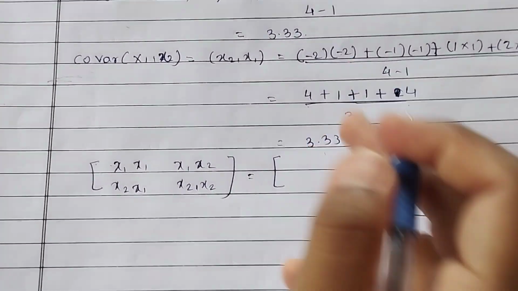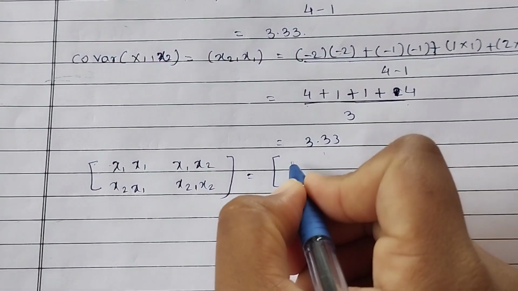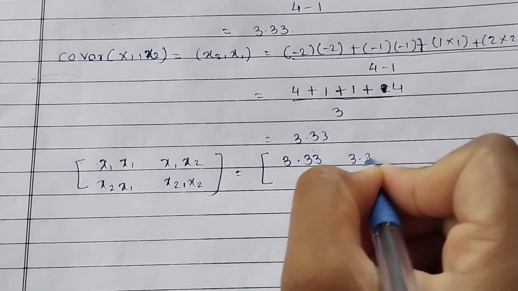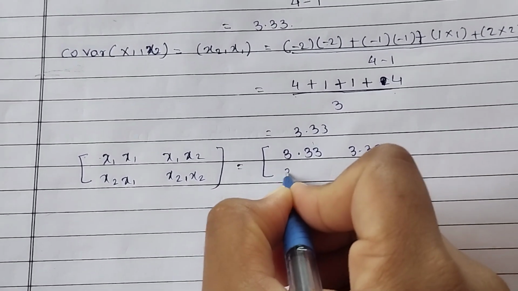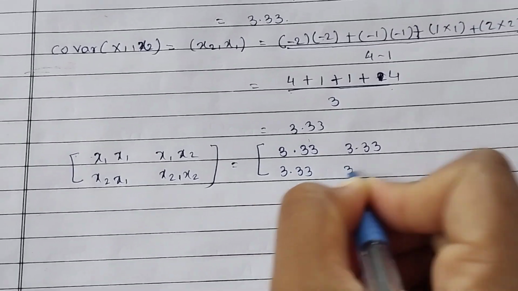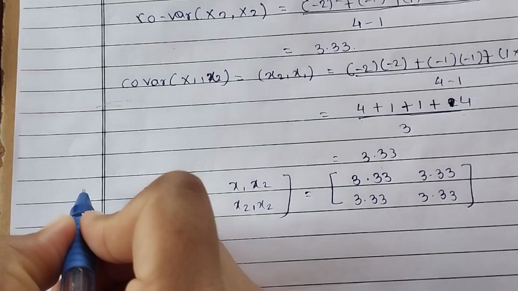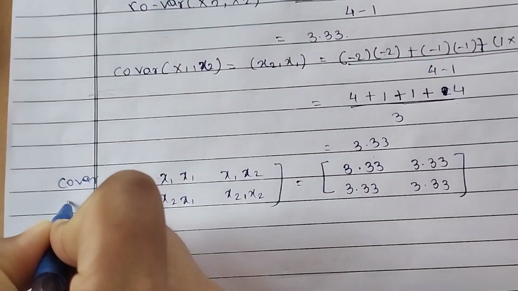In this case all the values of the matrix are equal. So put them as they are: 3.33, 3.33, 3.33, 3.33. This is the covariance matrix.